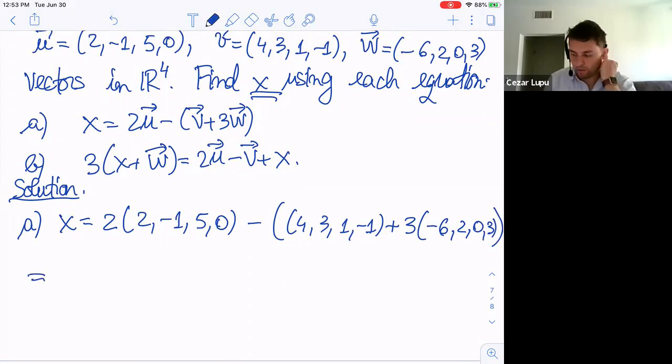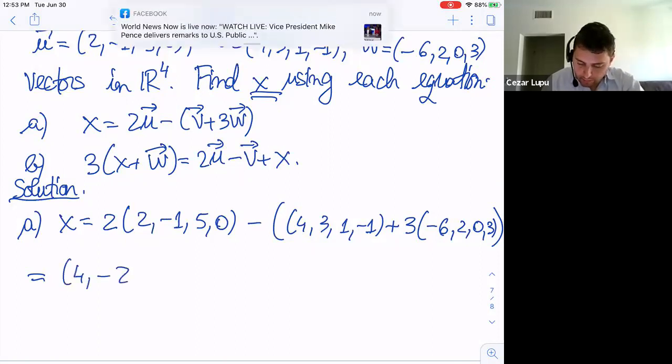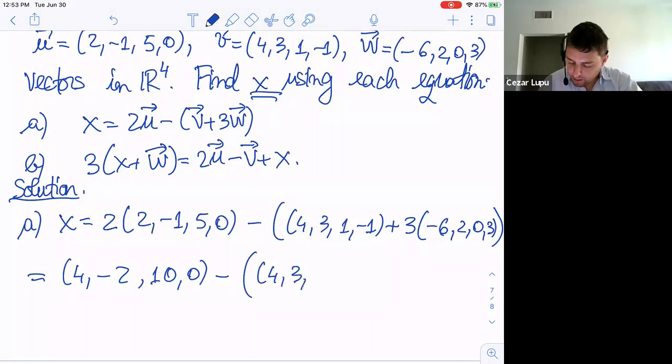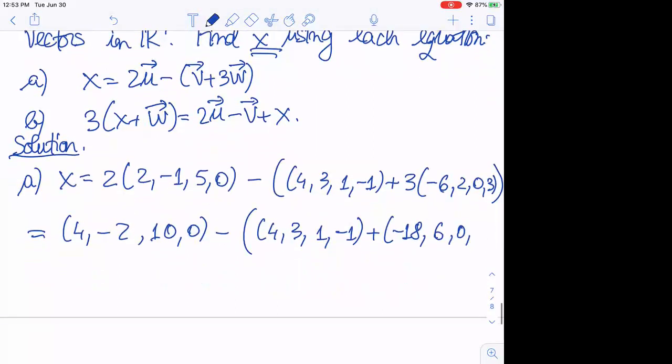If we do all these computations, keep in mind that 2 is a scalar here. So we'll have 4, -2, 10, and 0. And here minus 4, 3, 1, -1, plus, and here I have -18, 6, 0, 9.